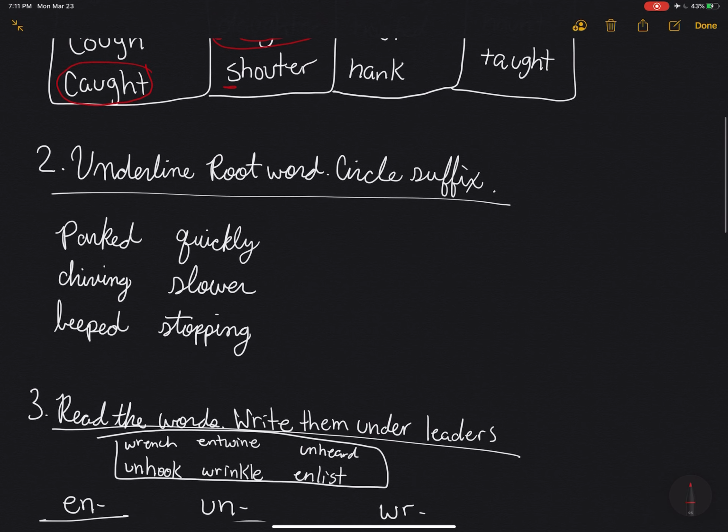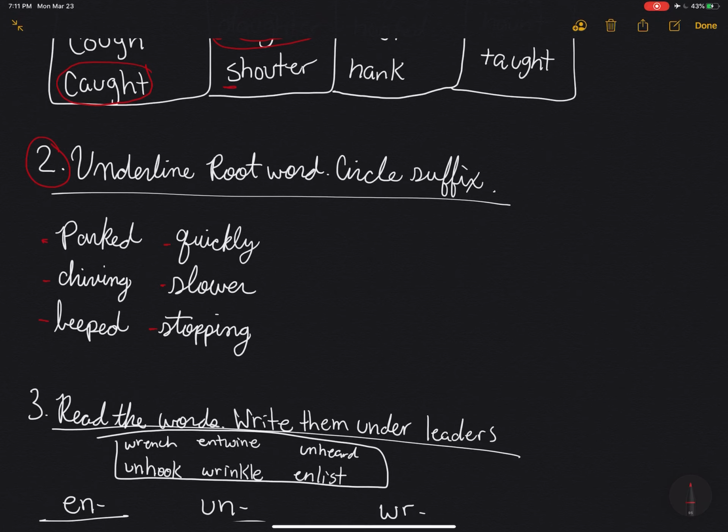Section number 2 says to underline the root word and circle the suffix. With these words, we have parked, quickly, slower, driving, beeped, and stopping. Once again, I will not be giving all of the answers because each of you know how to do this.